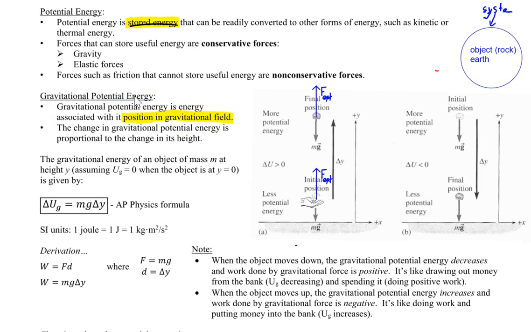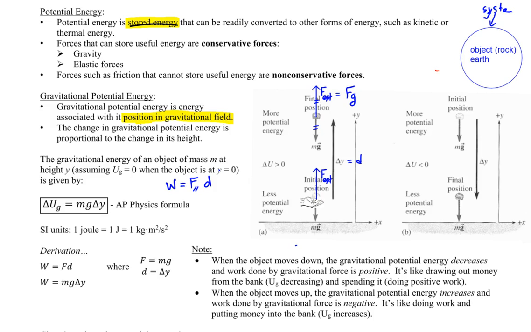So as I apply this external force F, I'm causing the object to move up this displacement delta y, or you could call it d. So the displacement d is really equal to delta y. And as I mentioned earlier, my external force must be equal to my force of gravity. So F external must be equal to Fg. To calculate the work done, we use the formula W equals F parallel times d.